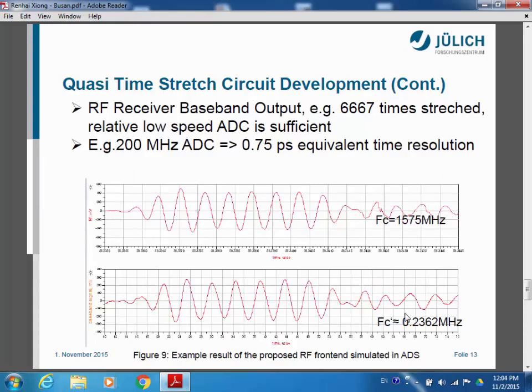A signal at a frequency of 1.5 gigahertz is stretched to 0.2 megahertz, which is more than 6,000 times stretched. This stretch rate depends on the repetition rate of the wavelets and the repetition rate of the sampling pulses.